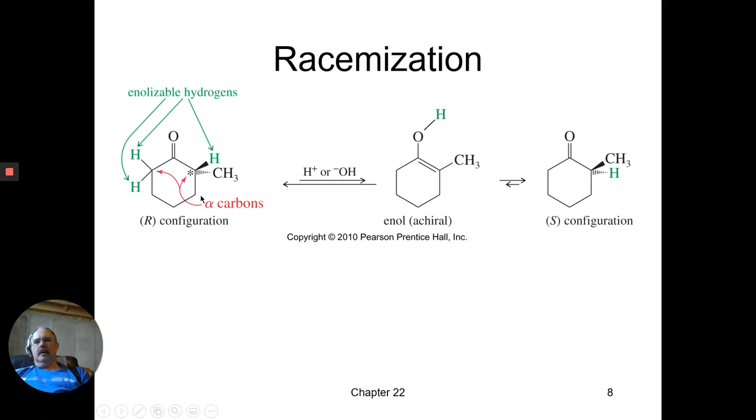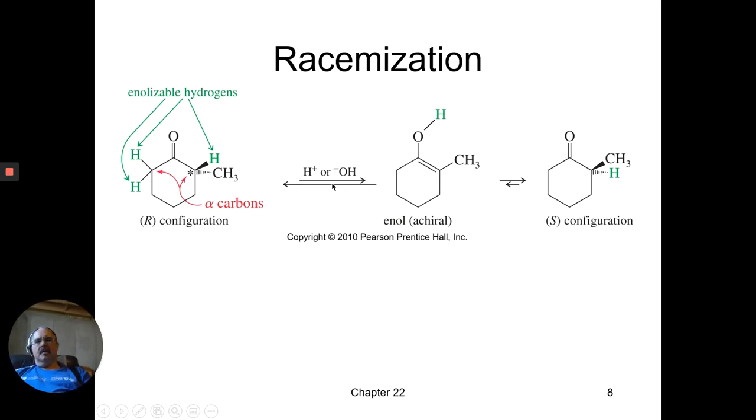So here we have actually three alpha hydrogens, and under acidic or basic conditions, we form this enol, which is now achiral. And that's because it's flat. There's a plane of symmetry in the plane of the screen here. That can equilibrate back and forth between the R and the S.